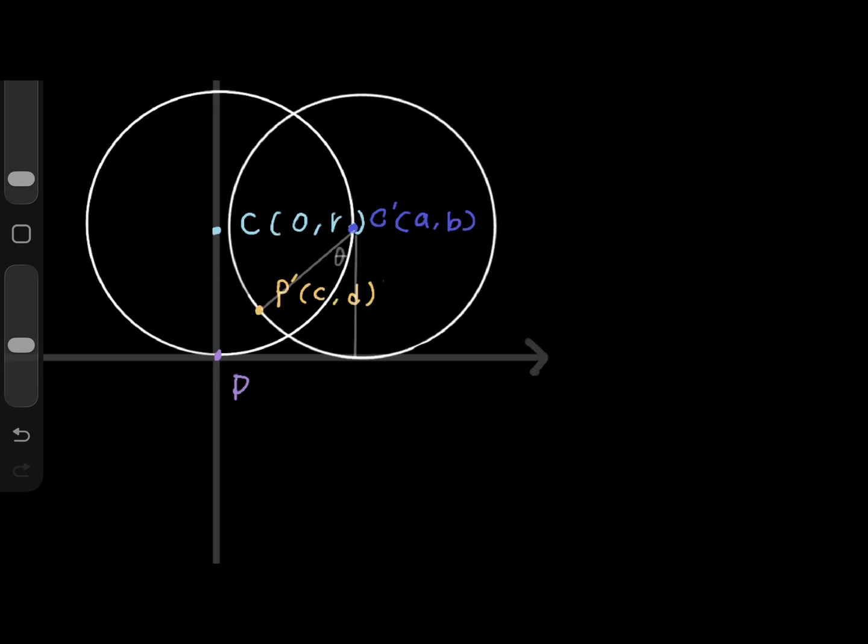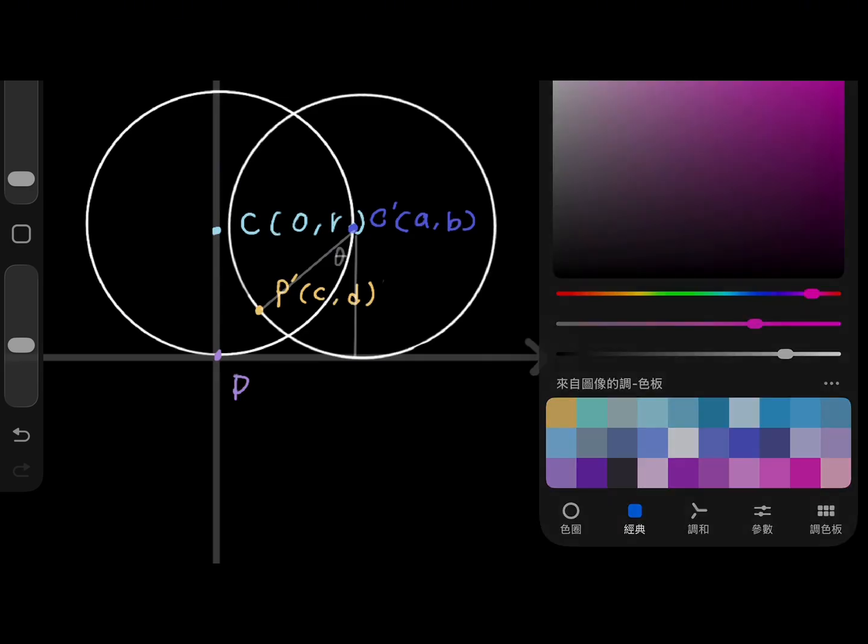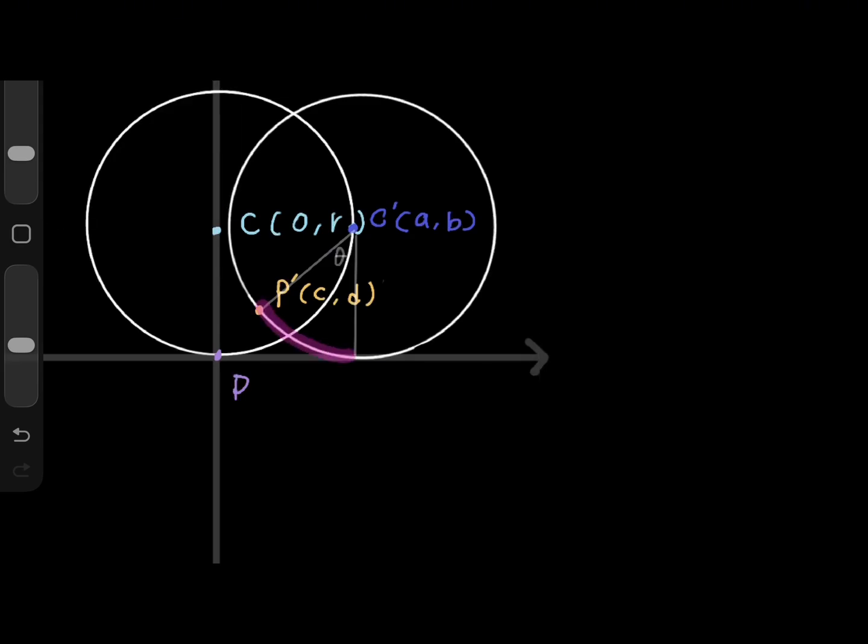And as we have the theta here, then we will know this value. And once we know this value, then from the beginning point to here will be the same. Okay, let's mark it down. The same. So we all know how to calculate this curve, because we know the value will be r theta.